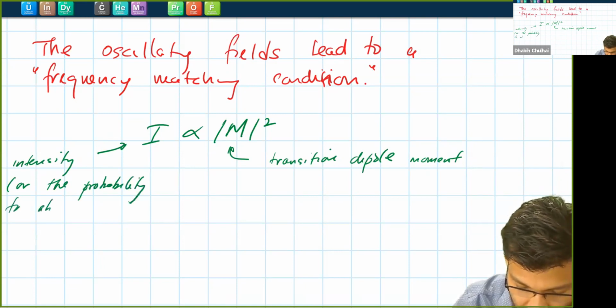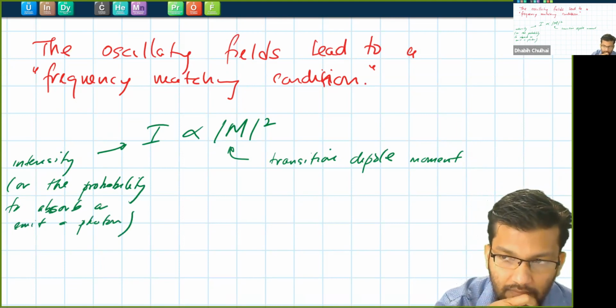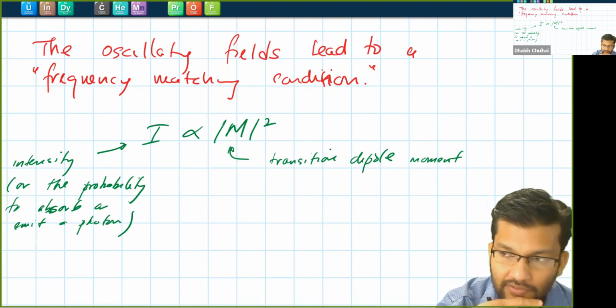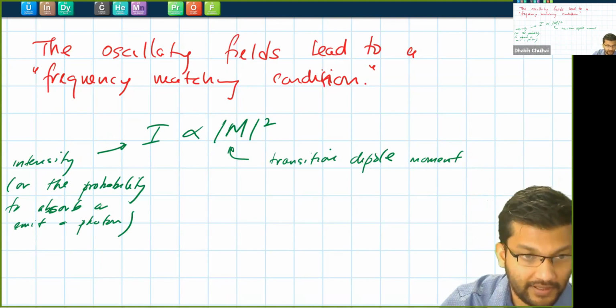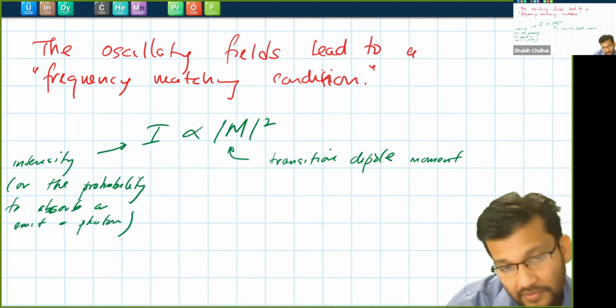or the probability to absorb or emit a photon. We know that probabilities are usually related to things squared, right? And here's another probability. There are so many probabilities in quantum. Why is it a probability?